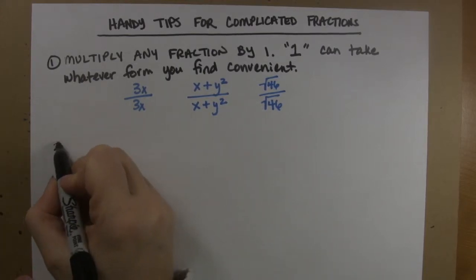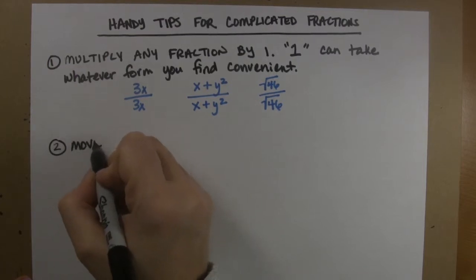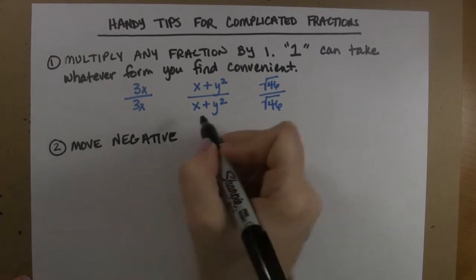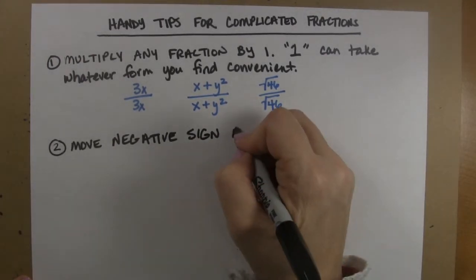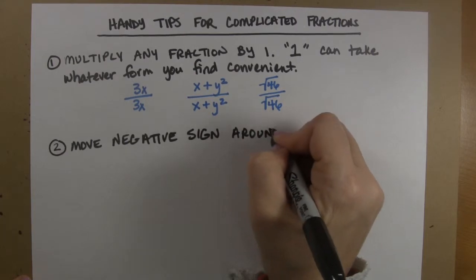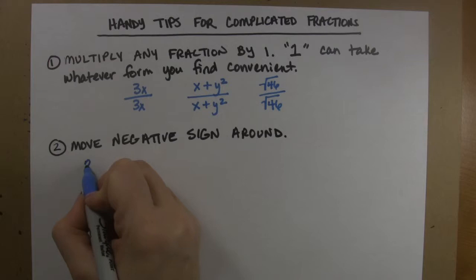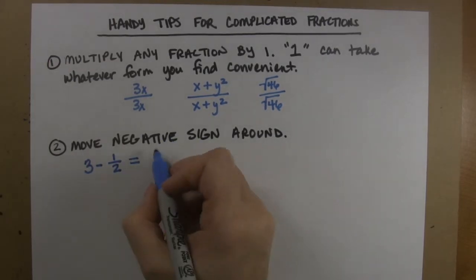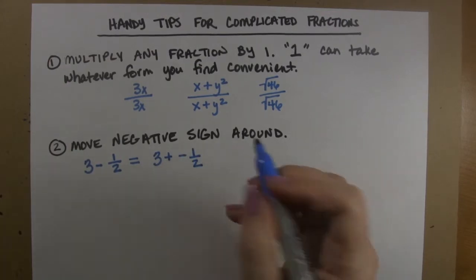Here's the second thing that I want you to remember: you can move your negative sign around. Again, you're going to put it where you find it most convenient. So, for instance, if you have 3 minus 1/2, that is the same thing as 3 plus negative 1/2.